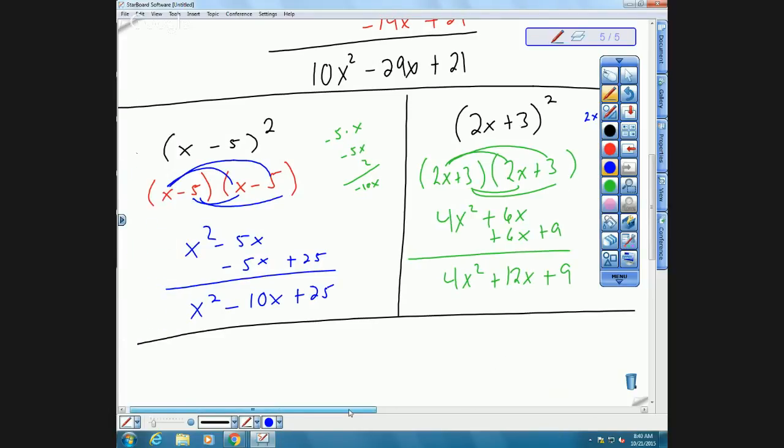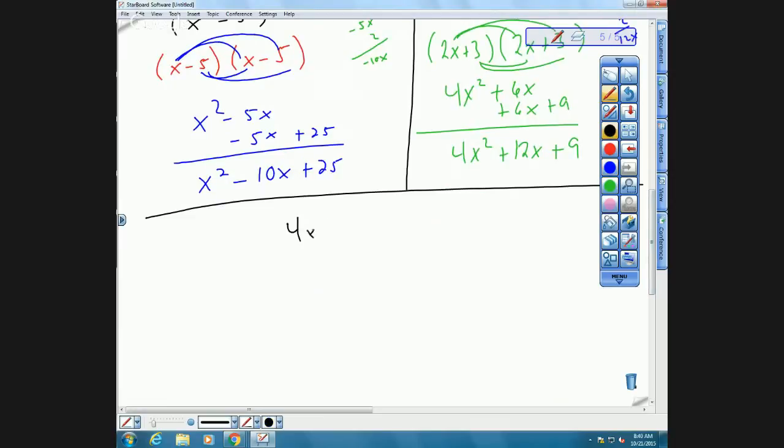Just to do one more, say I had 4x minus 5 squared. I square the first term, so 4x times 4x would be 16x squared. My last term, 5 times 5 would be 25. For the middle term, I do 4x times -5, which is -20x, and then I double that, so it would be -40x.